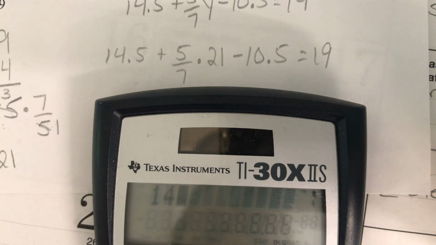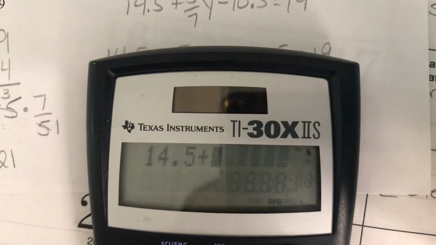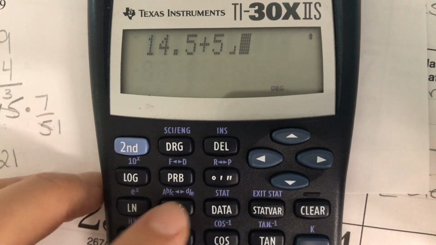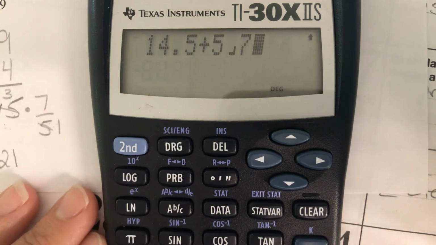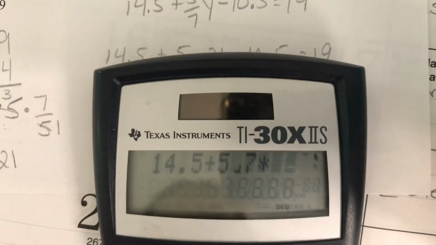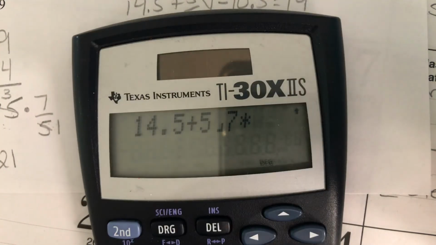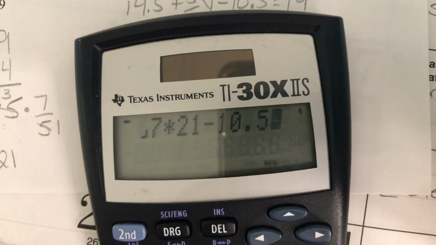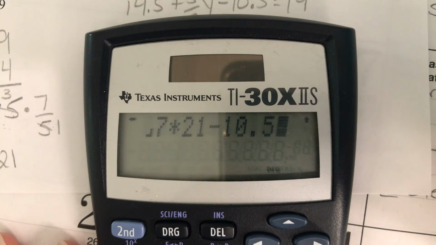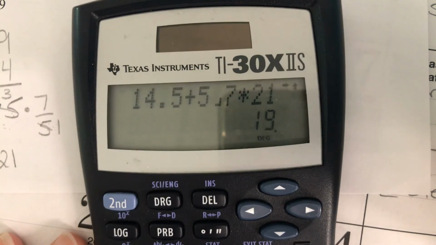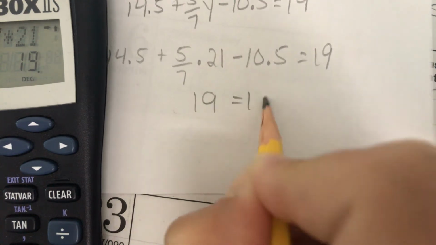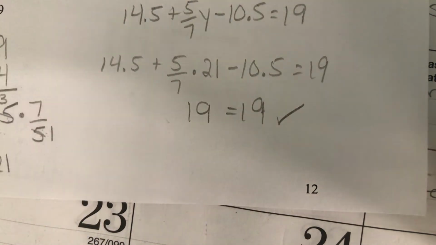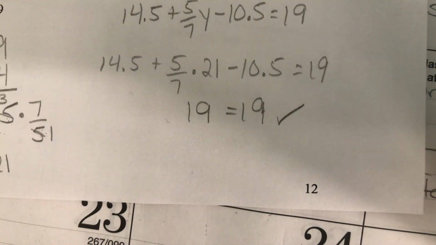So 14.5 plus, we want to put in 5, ABC, 7, times 21, minus 10.5, and we should get 19 equals 19. Perfect. All right. Try the next problem on your own.